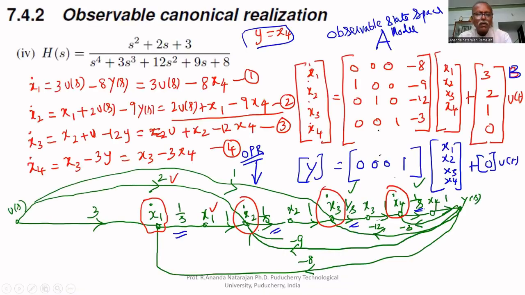The same observable canonical form can be realized by using Mason's gain formula.